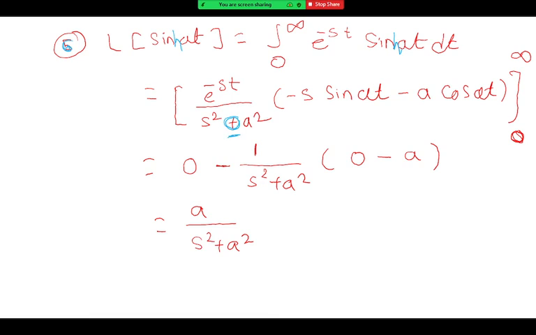All other things are the same, where this becomes only sinh at, cosh at there. Then sinh 0 is 0, cosh 0 is 1. So all those things remain the same. This is only minus there, and your final answer comes negative there. So the final answer is a upon s square minus a square. Got it? Laplace of sine hyperbolic at is a upon s square minus a square.